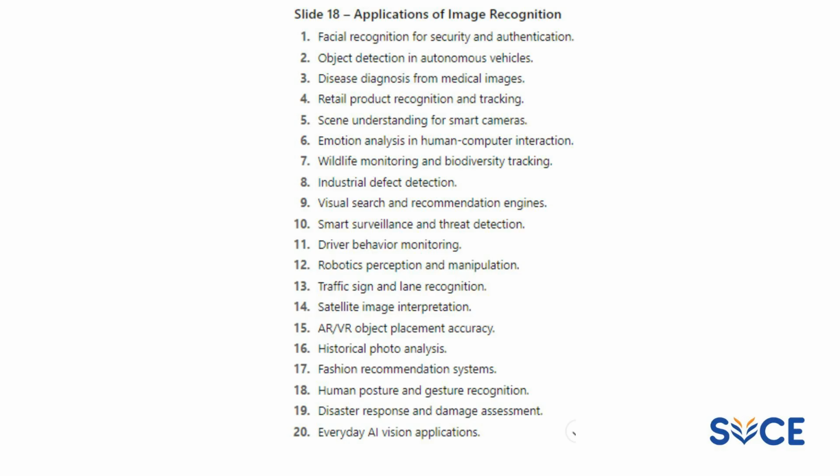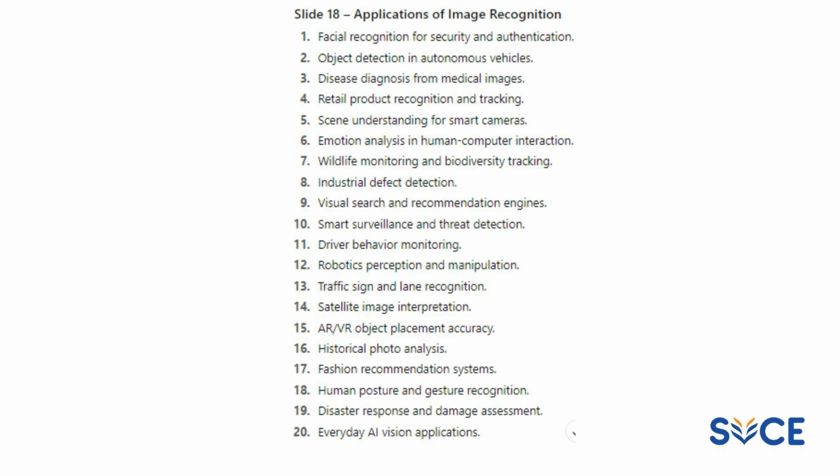To conclude, image recognition is a transformative technology that powers modern AI systems across healthcare, security, retail, agriculture, etc., by converting visual data into actionable insights. It enables smarter decision making, automation, and improved efficiency in numerous industries.